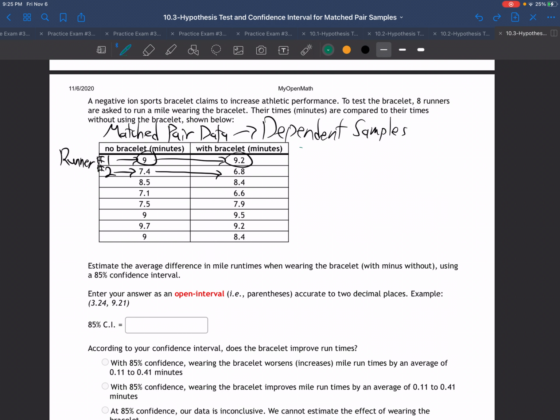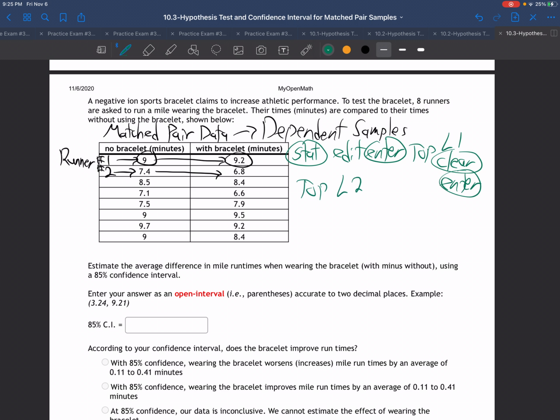So we've got to go stat. And then you're already on edit, so hit enter. Go to the top of L1, hit clear and enter. And then go to the top of L2, also hit clear and enter.